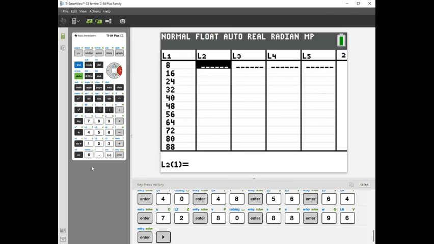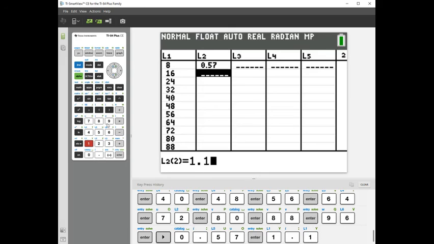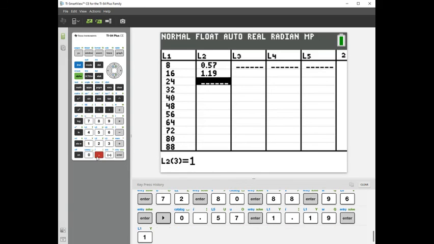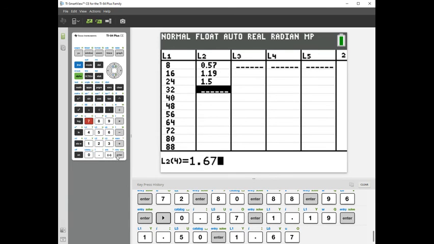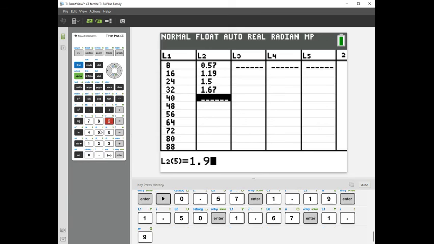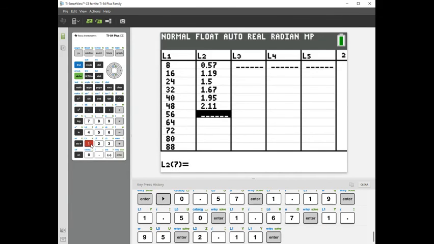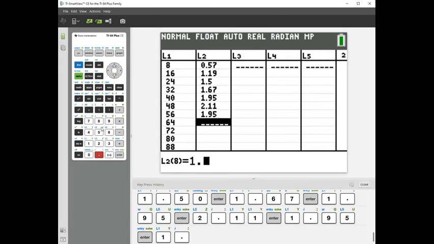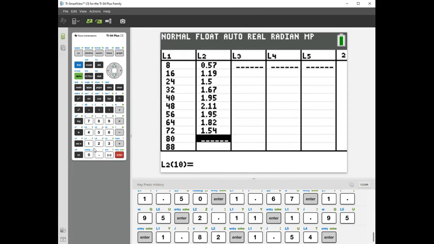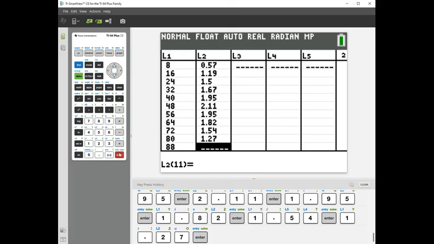In L2, now we're going to enter all of the values in the bottom row, that y of t, starting with 0.57, 1.19, 1.50, 1.67, 1.95, 2.11, 1.95, 1.82, 1.54, 1.27, 0.61.